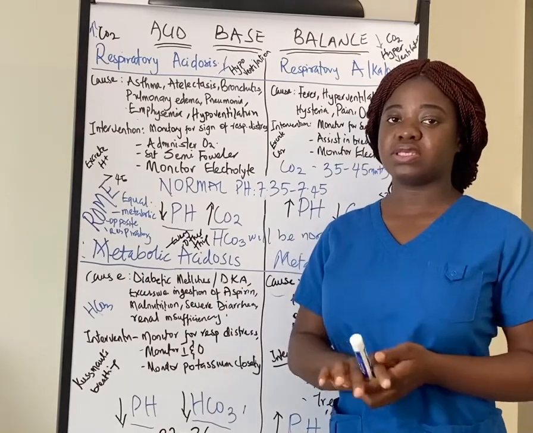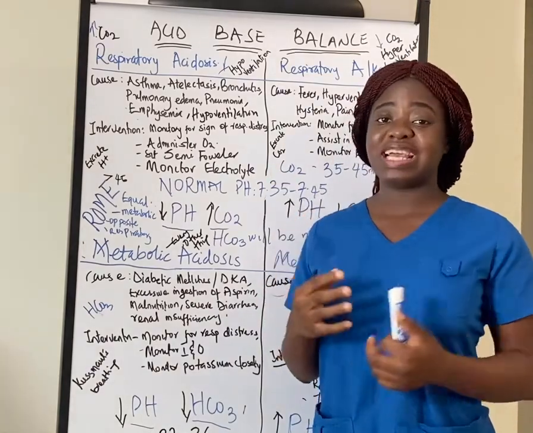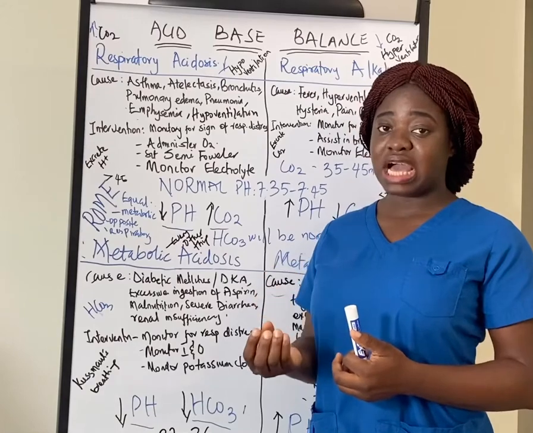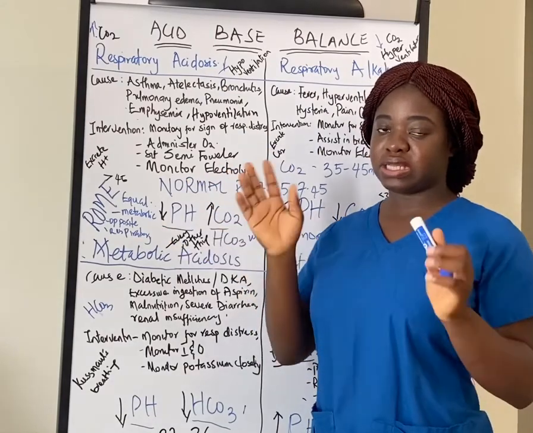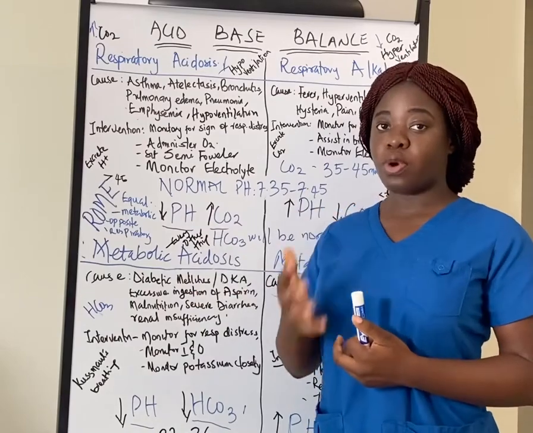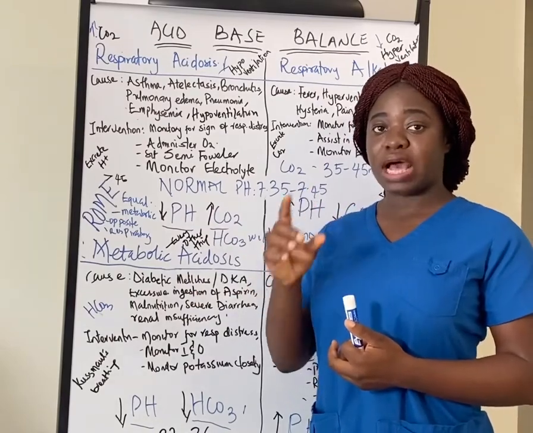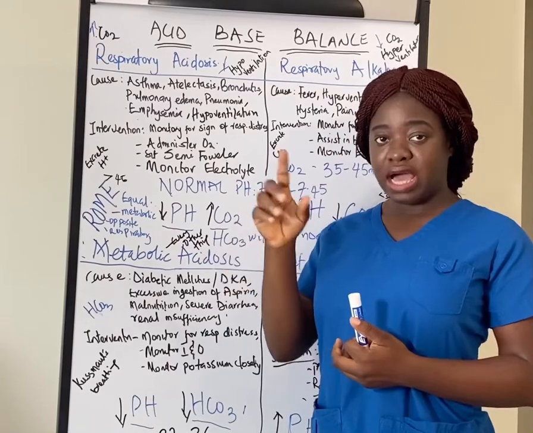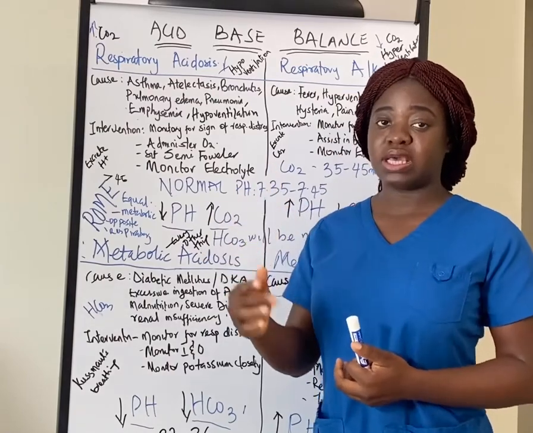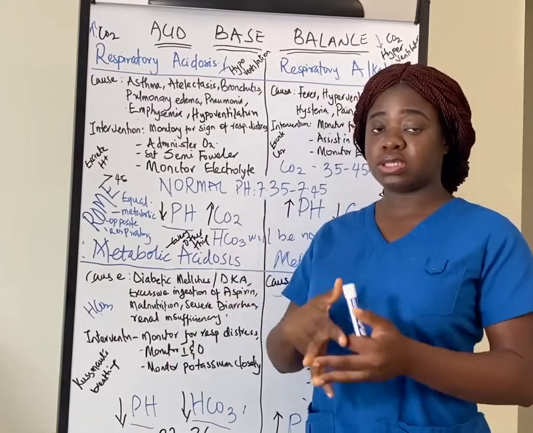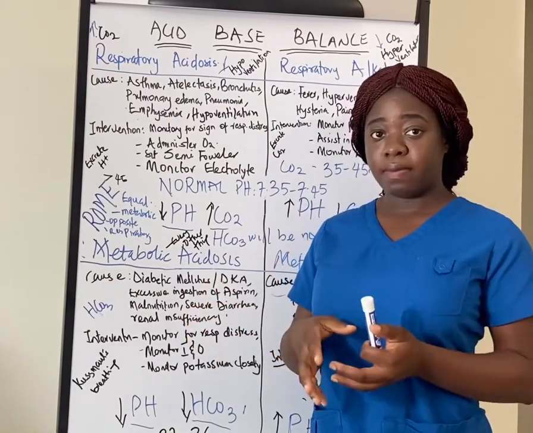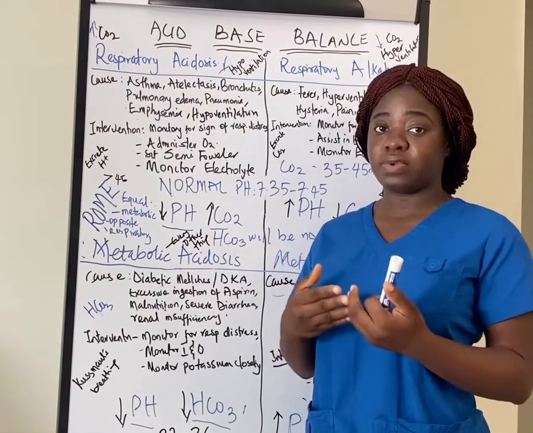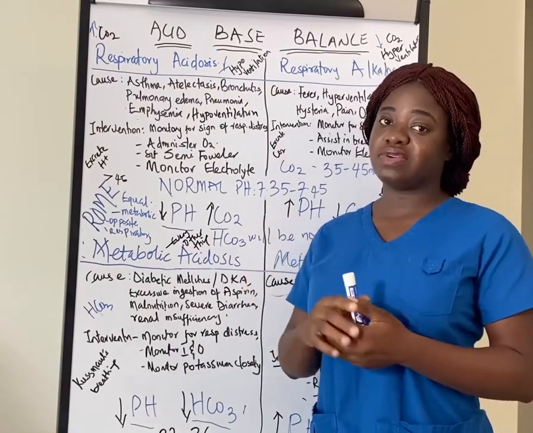The summary of all this is that there is an acronym to understand the respiratory and metabolic acidosis and alkalosis. We use ROME. ROME, as in respiratory, and the O is opposite. That means respiratory does the opposite of the pH, while M stands for metabolic, and E stands for equal.